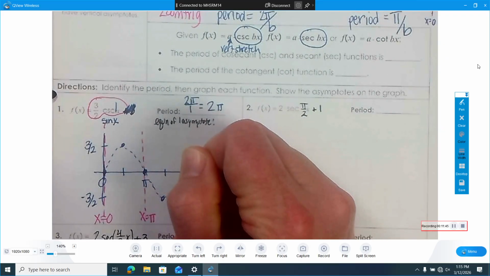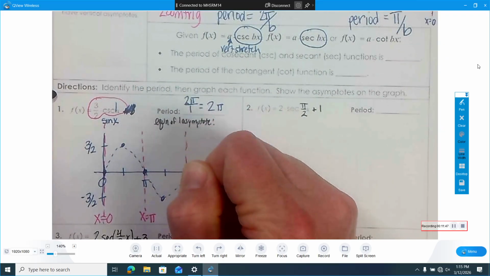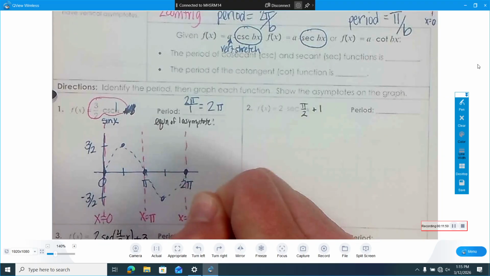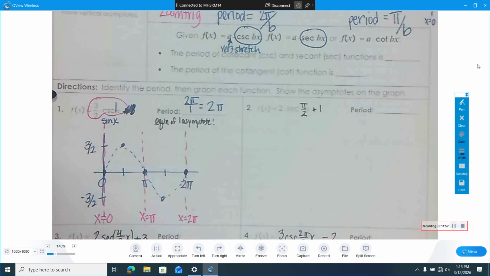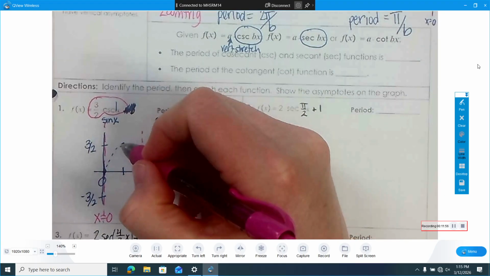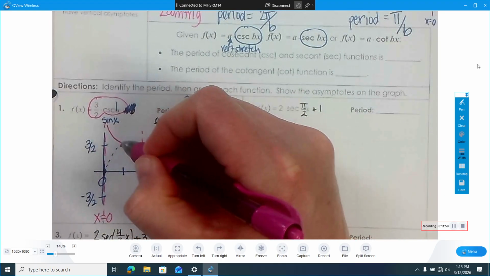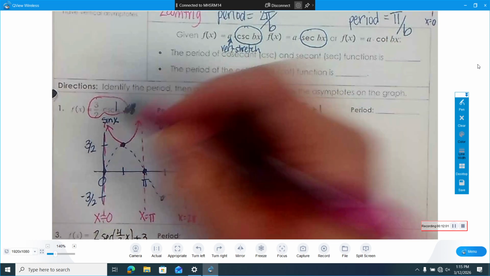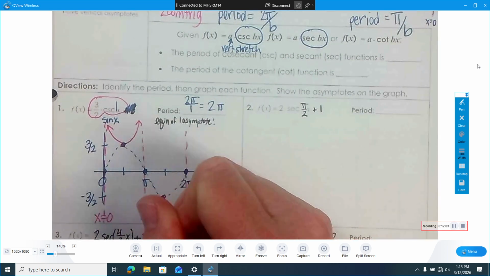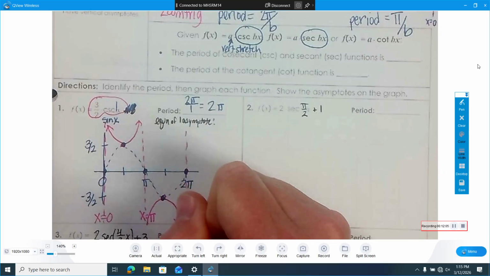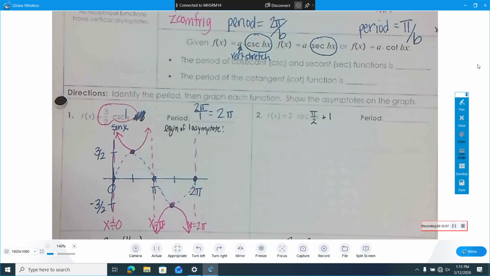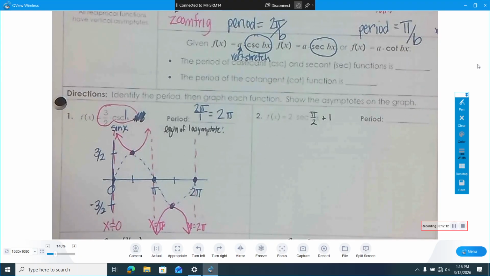And then again we hit the midline here, so that is also going to be x equals 2 pi. There's another vertical asymptote. And then we just get these U shapes. So right here is our maximum. That turns into an upward facing U. And then our minimum turns into a downward facing U. It just flips out, and that's all it does. Okay? So that's the cosecant function there in pink. So it's just based on exactly what you already know how to do.